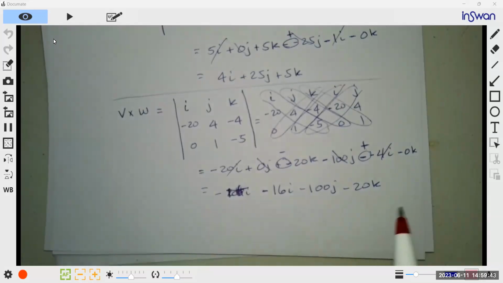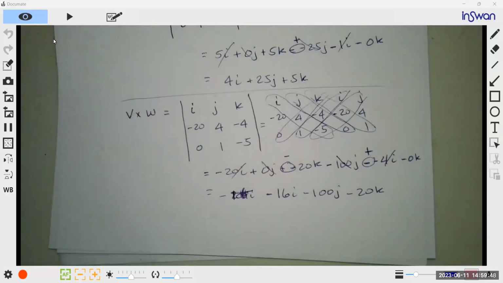So what we see here, what's the question asking again? Question number 8: which vectors are perpendicular? Select the correct ones. We know U and V are parallel, but none of them are perpendicular.